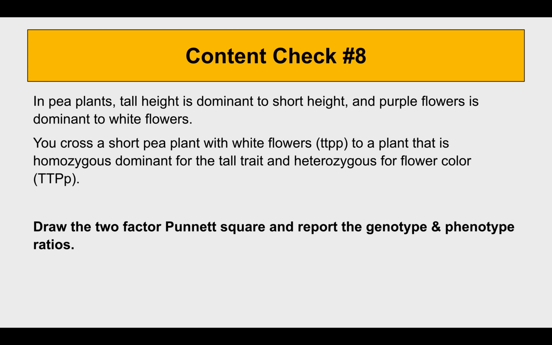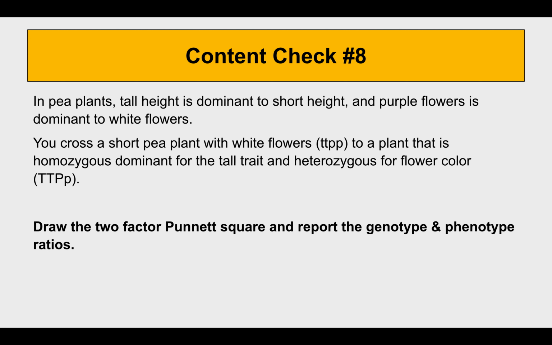Remember, in that two-factor cross, we're crossing 2 letters out. So on each row and column, we should have both. I think I already set it up.